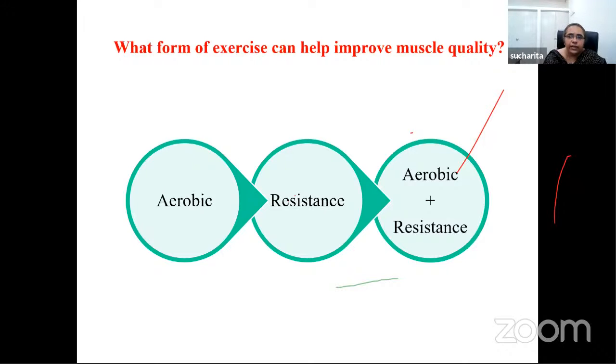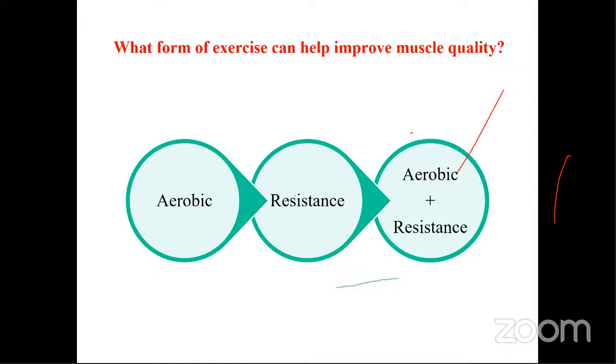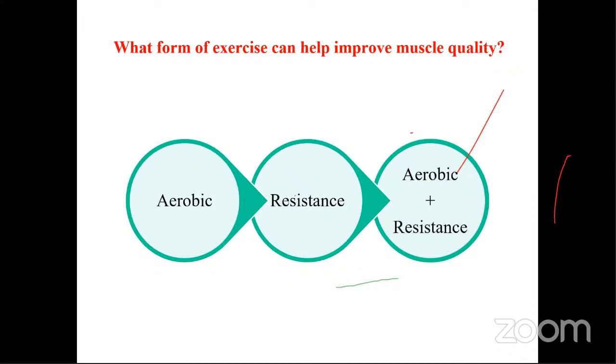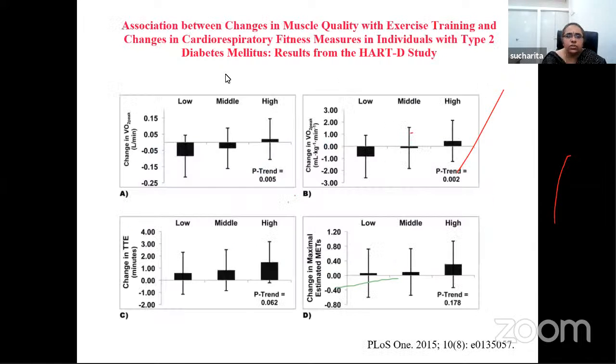Generally, even though ADA guidelines advise performing all of them, in a clinical setup we generally encourage individuals to do simple walking, particularly half an hour of walking. But we'll understand during the next few slides how important it is, particularly in the Indian context, to adopt even weight training or a combination of both.